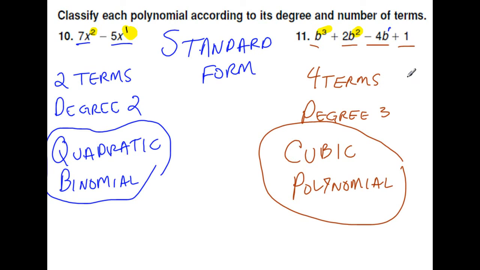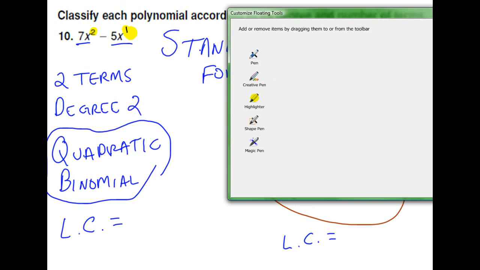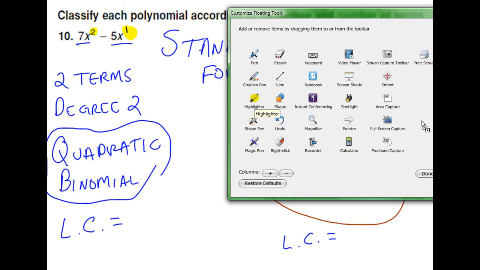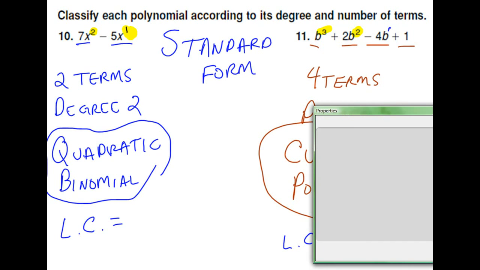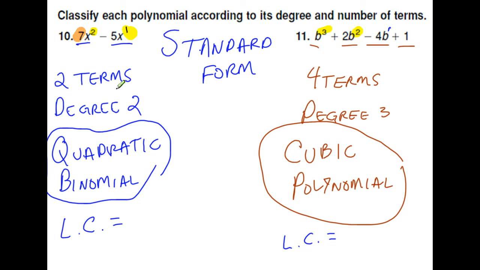One more thing I want to tell you about is what we call the leading coefficient, the LC. That is the number that is in the very front of the equation. The leading coefficient for the first problem is this 7.